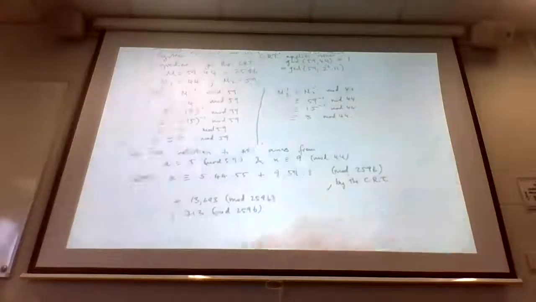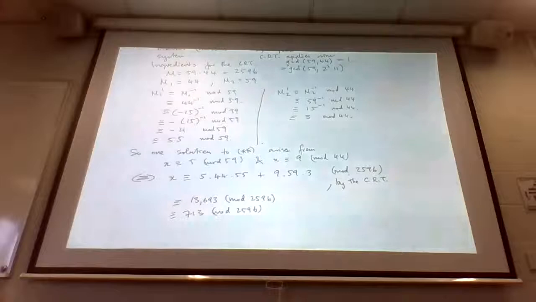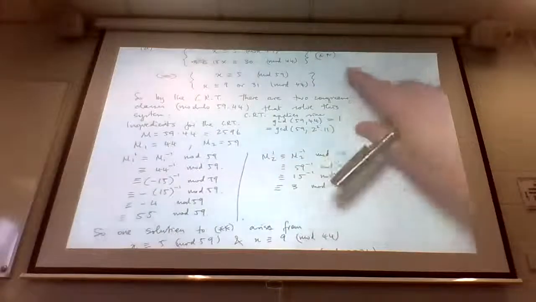It's nice to get it into the standard representative for that congruence class. So that's just one of the solutions to our system, star.